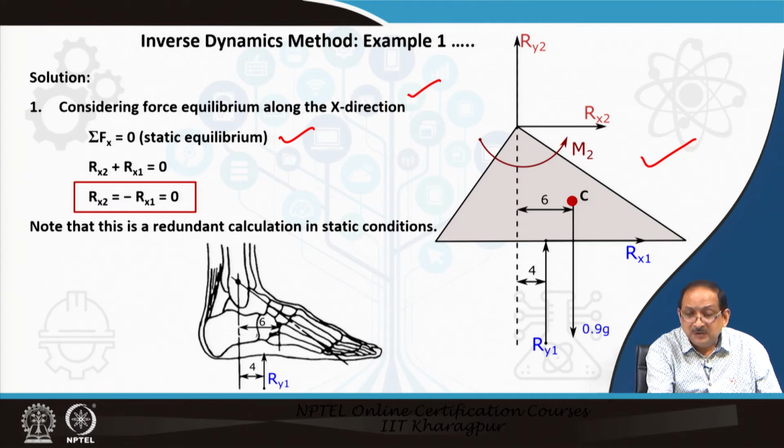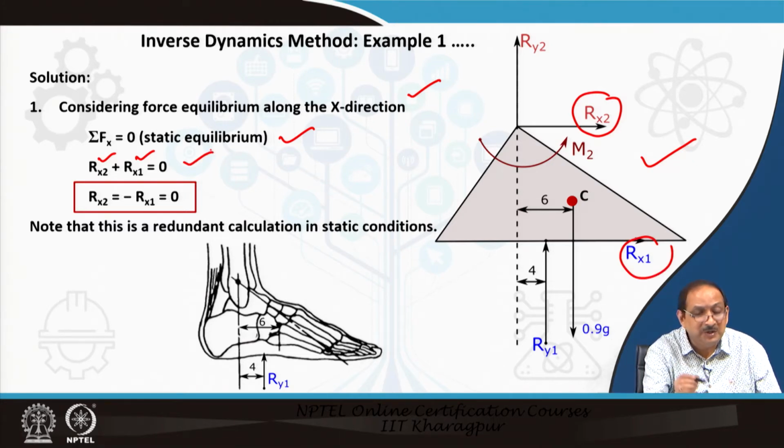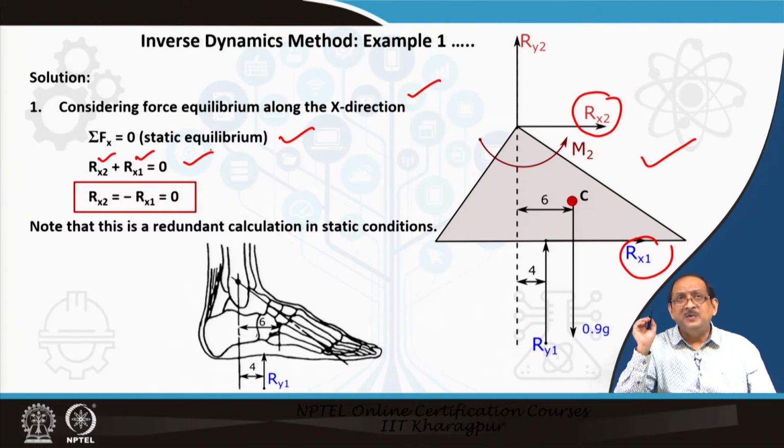So, the only two forces Rx2 and Rx1 are acting along the x direction. So, sum of these two should be equal to 0. So, each of them is equal to 0, Rx1 equal to 0 and Rx2 is equal to 0. Note that this is a redundant calculation considering static condition.